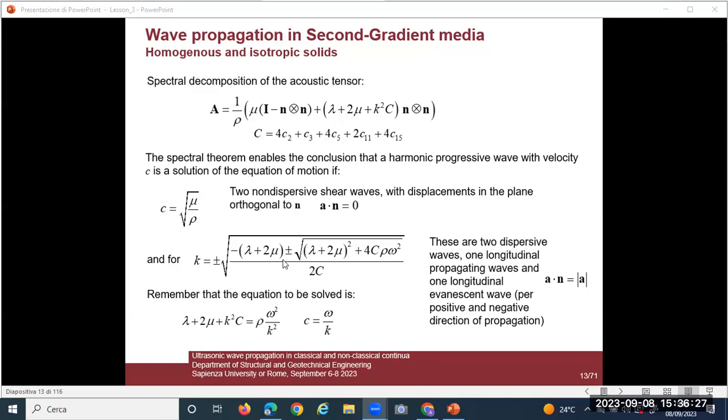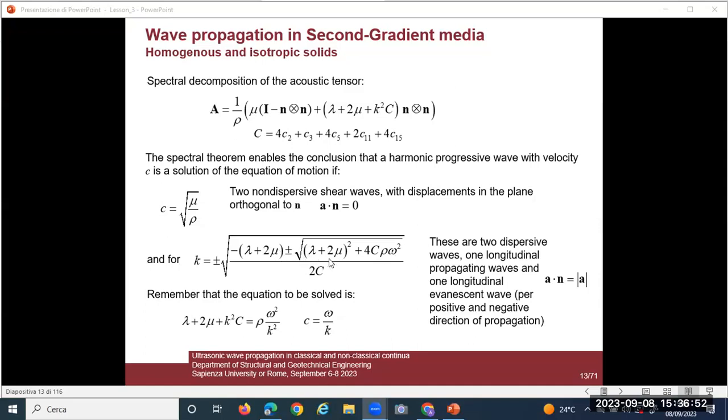One of these waves is complex, because you see minus plus here, and the other one, obviously it also depends on the sign of this term, but this term is generally positive, because this quantity is generally larger than this one, unless for very large frequencies.